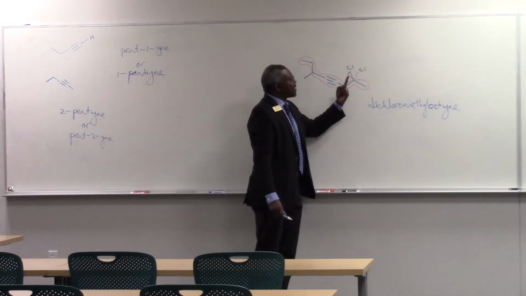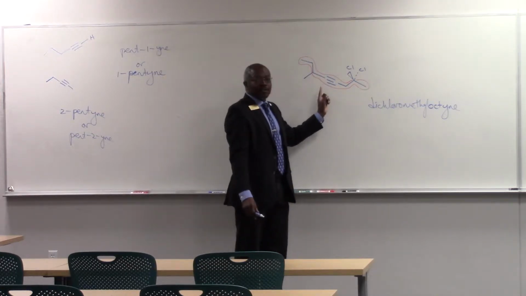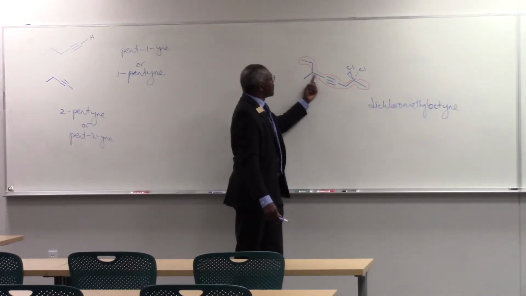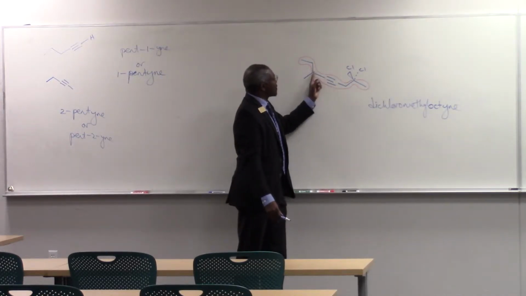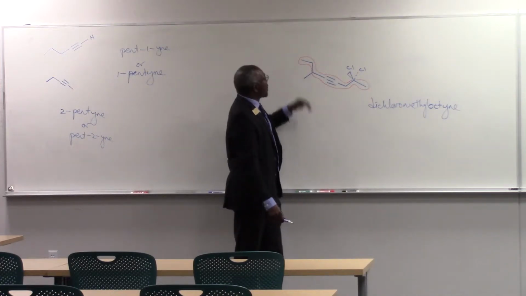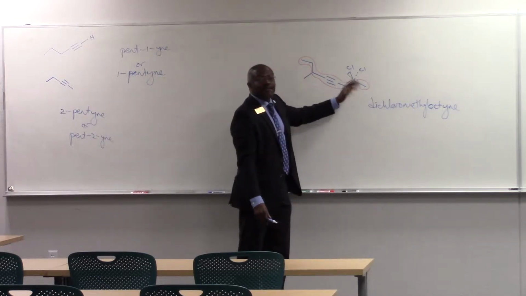So I'm going to try to get then the lowest sum of the others. So I've got 2 chlorines, and obviously if I number from this direction, I'll have 2, 2, and then this is going to be on carbon 6. So 2, 2, 6, right, will be better than 1, 2, 3, 7, 7.